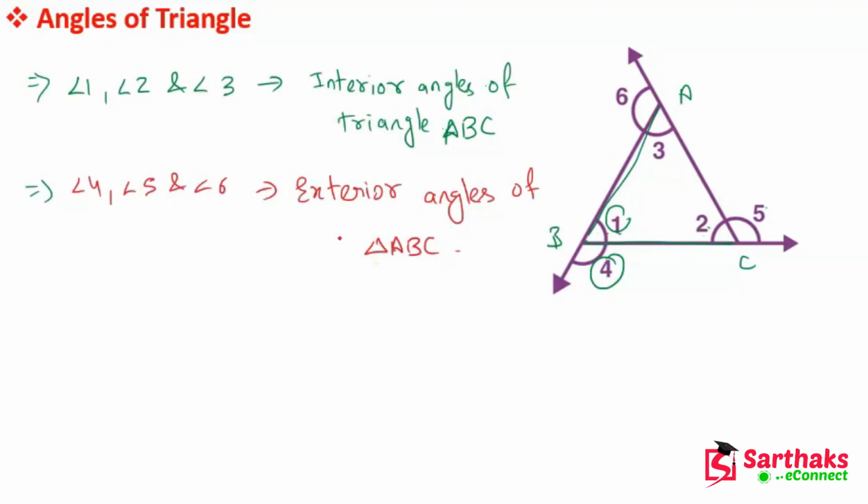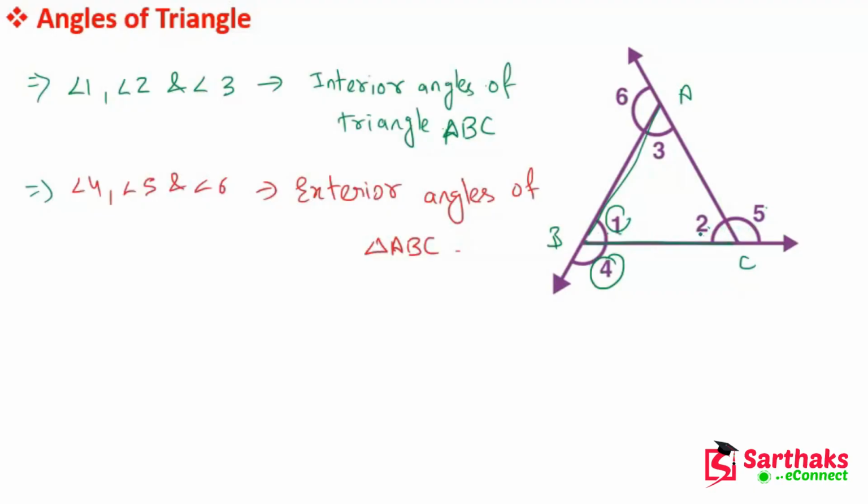The sum of consecutive interior and exterior angles of a triangle is supplementary, because they are a linear pair. These exterior angles are consecutive to angle 1, angle 2, and angle 3 respectively. Angle 1 and angle 4 are consecutive.